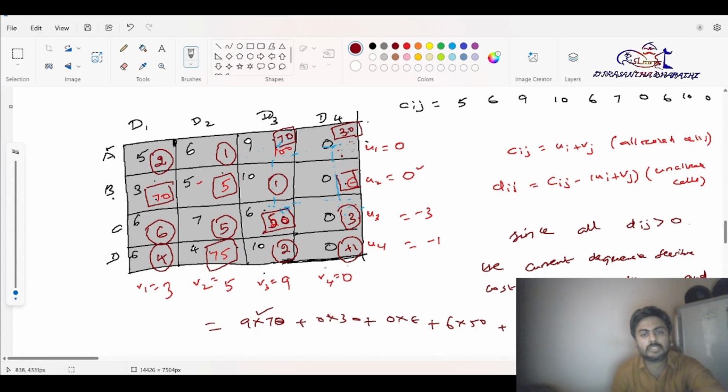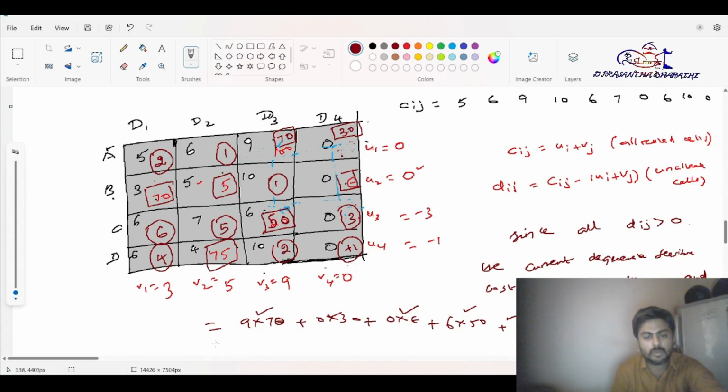Then 0 into 30 is completed. 3 into 70 is there, and completed. 5 into 5 is completed. 0 into epsilon is completed. 6 into 50 is completed. Then 75 into 4.